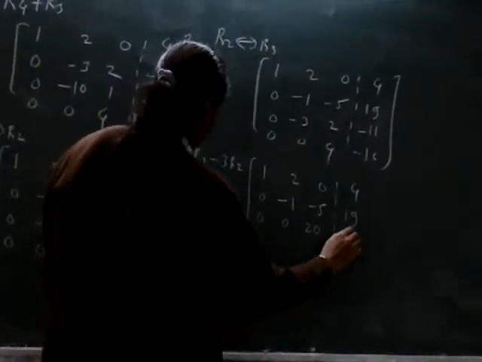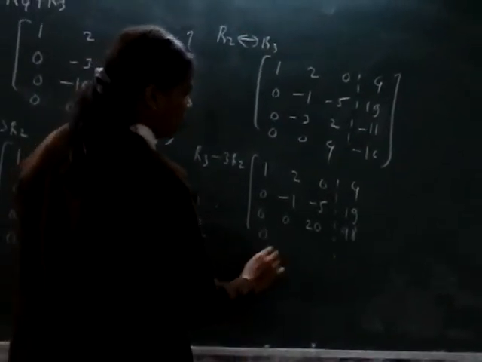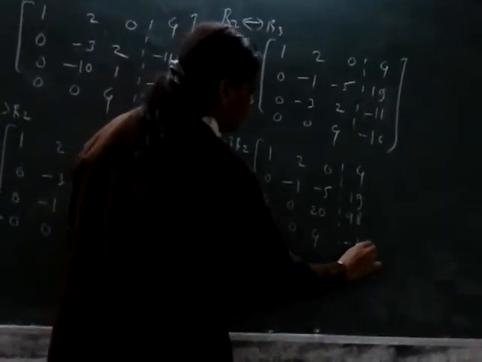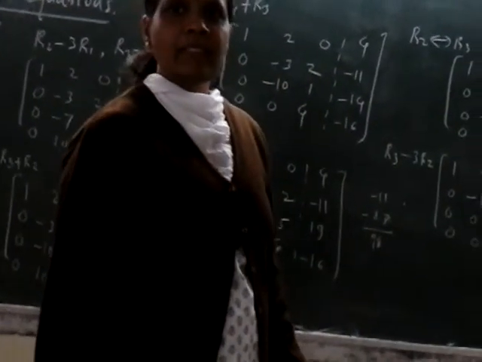Here is 90 left and the last 0, 0, 4 minus 60. Matrix.